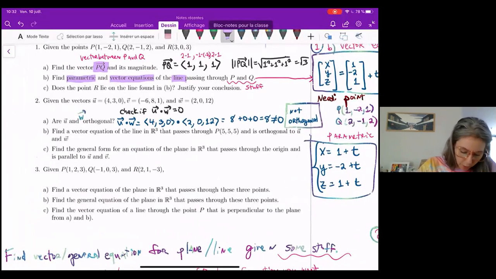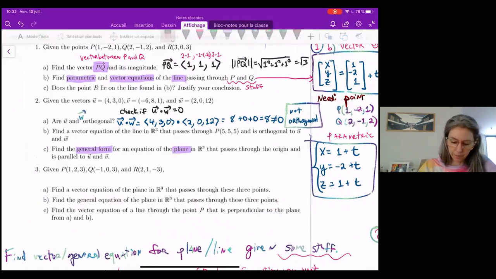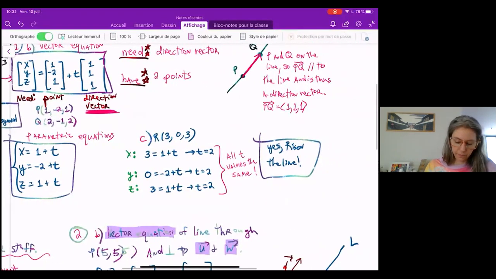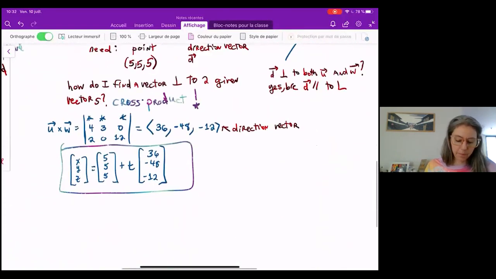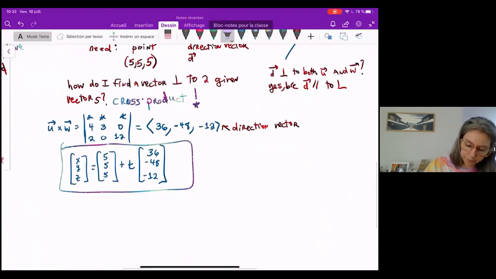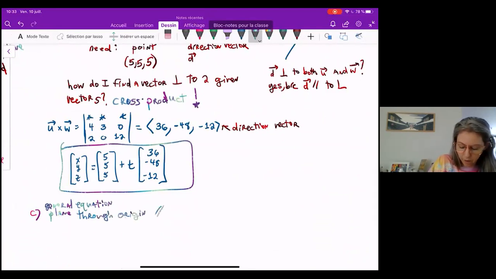Here I want a general form of a plane in R3 that passes through the origin and is parallel to U and V. So for C, my plane through the origin, general equation, plane through origin, parallel to U and V.